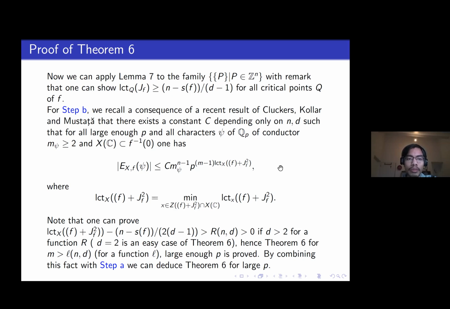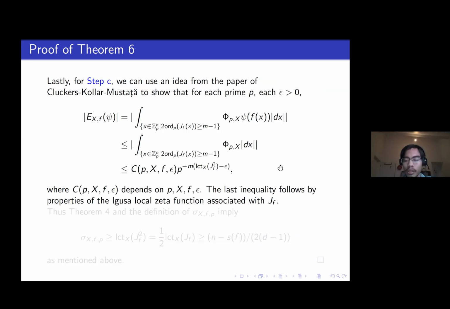And so because of it and the Cluckers–Kollár–Mustata result, we can show Theorem 6 for m at least L(n,d) and for all large enough p. Now for large enough m and large enough p, we can confirm Theorem 6 by the Cluckers–Kollár–Mustata result. But for small m and large p, we use step A to prove Theorem 6. So it means that we finished step B.